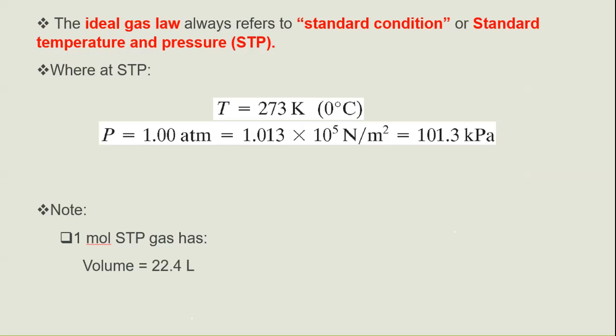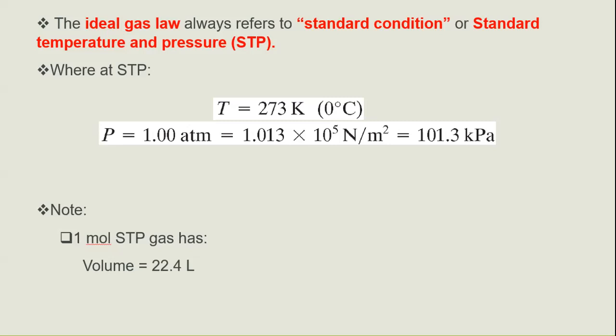Next, the ideal gas law always refers to standard conditions, or standard temperature and pressure. If you remember, you can use the ideal gas law when the pressure is not too high and the temperature is far from boiling point. Here we get more specific: you can only use it at standard temperature and pressure.